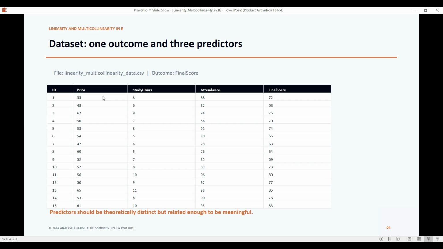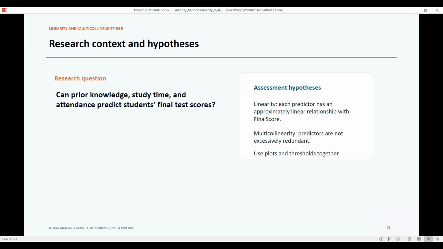So we will check whether prior knowledge, study hours, and attendance as predictor variables will predict final score as the outcome variable. So we develop the research question: do prior knowledge, study time, and attendance predict students' final test score or not? The assessment hypothesis for linearity: each predictor has an approximately linear relationship with final score.